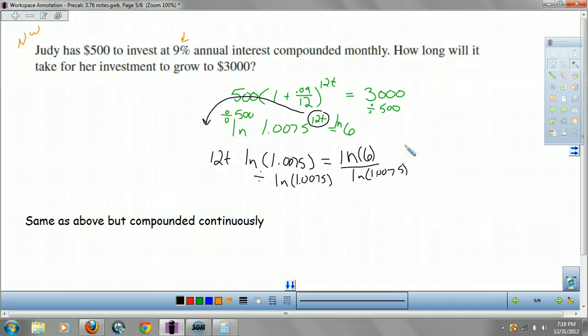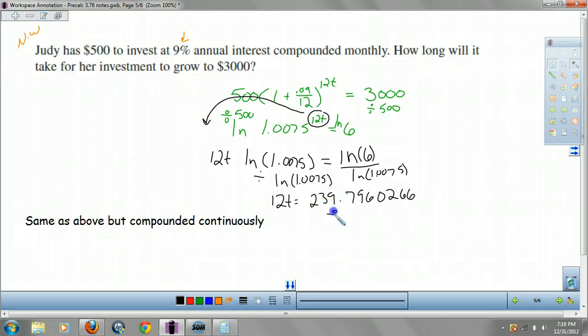In fact, I'm going to plug it into my calculator right now. Natural log of 6 divided by natural log of 1.0075. When you divide those out, you get 12t equals 239.7960266.